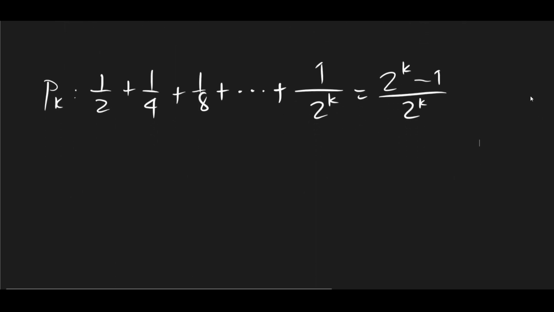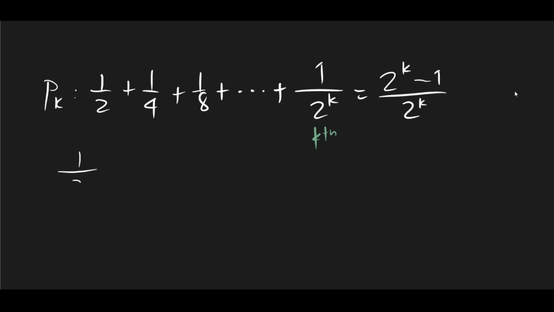Now, again, our ultimate goal is to obtain Pk plus 1, right? So our kth term is this one. So for the k plus 1 term, in order to get that, we need to add 1 over 2 raised to k plus 1.